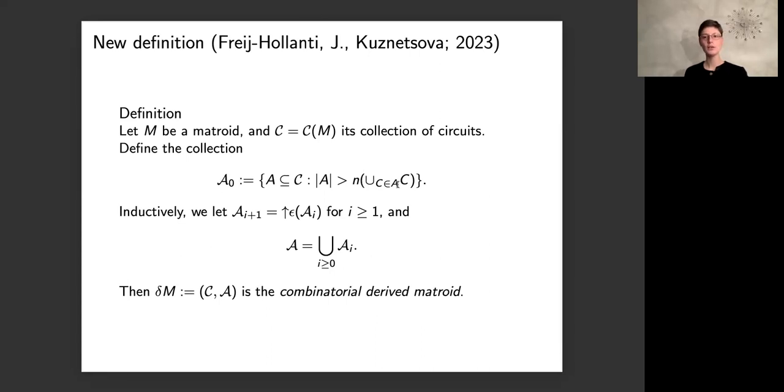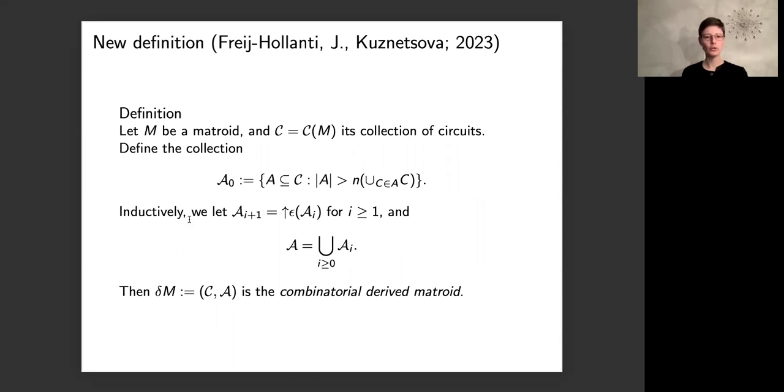What I do is I take my set A, a set of circuits. I take the union of the supports of all these circuits. I calculate the nullity of that. And if that's strictly smaller than the size of my set, then this thing has to be dependent. And I put it in A naught, which is my definitely dependent pile.